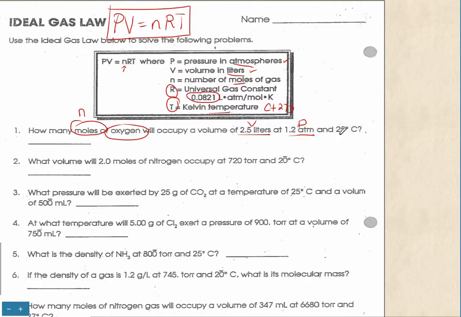At 25 degrees Celsius, that's your temperature. But it has to be in Kelvin, so you add 273 to it. It will become 298 kelvins.